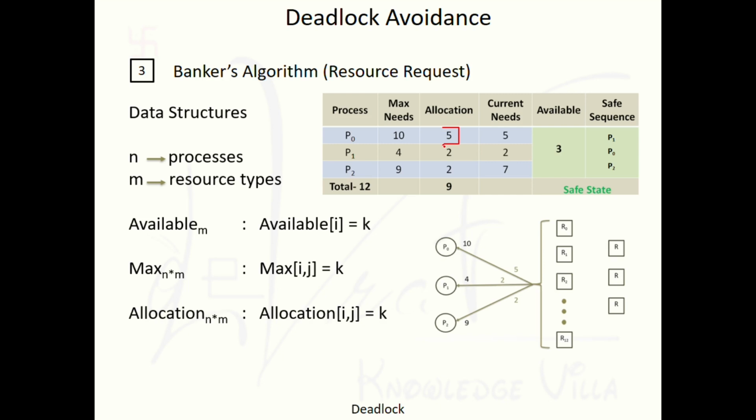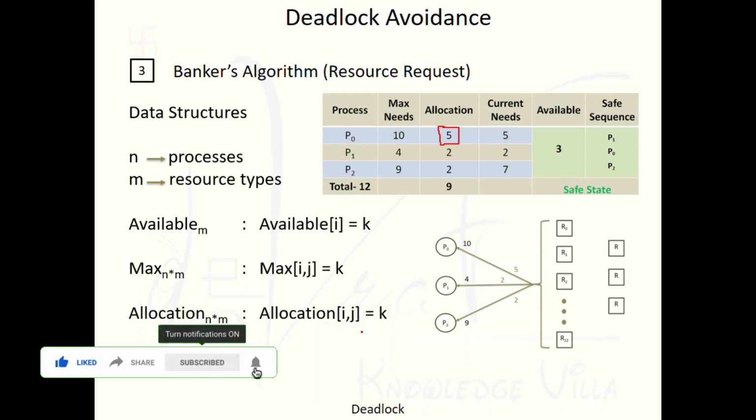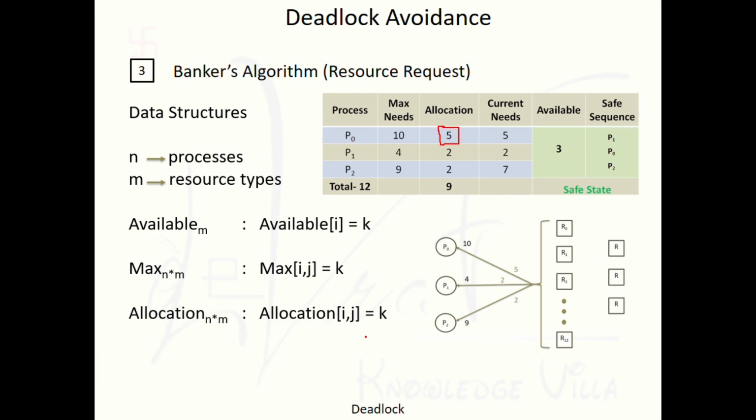It means for i representing the process number, for process P0, a total of 5 instances of resource type m are allocated to process P0, and whatever the resources are, like R1, R2, R3, R4, they are indicated by j. Hope you are understanding. If you have any doubts or queries, you can comment in the comment box.